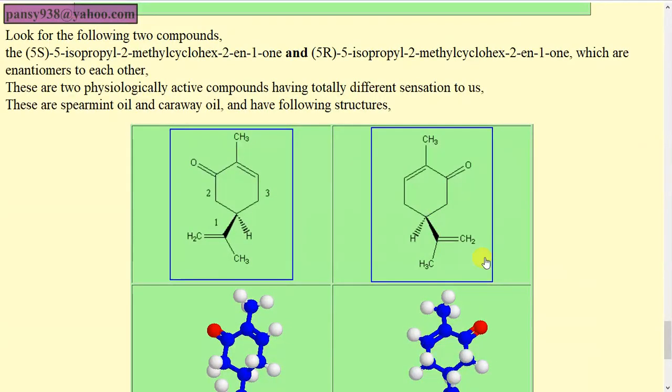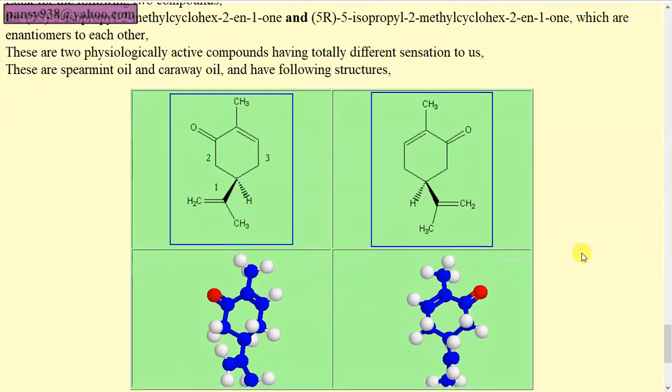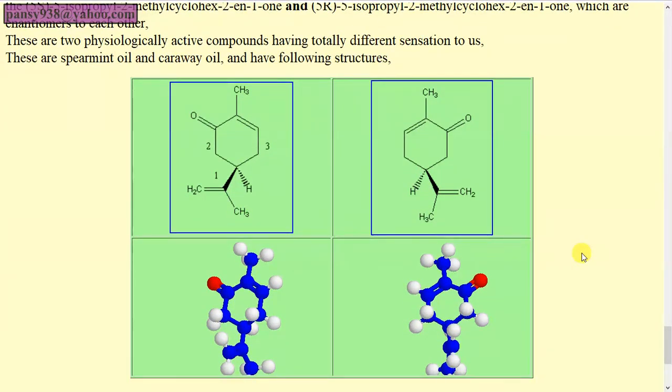The molecule at the left side is the carvone from spearmint oil, or as you know in your daily life, mint, while at the right side it is from caraway oil, and in local language you call it zira, and it is extensively used as a spice in the daily meal.